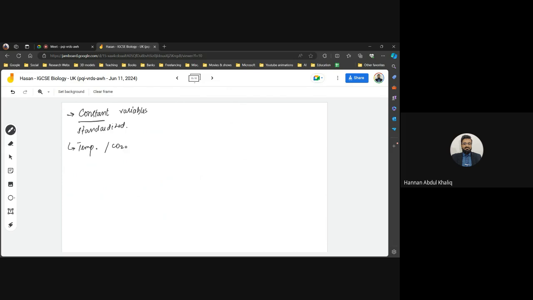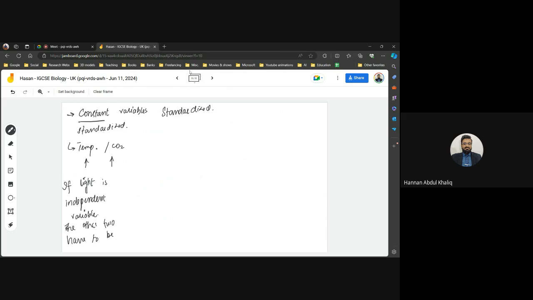Now, if light is the independent variable, then the other two, the temperature and carbon dioxide, have to be standardized.